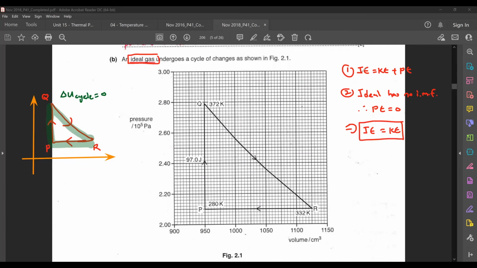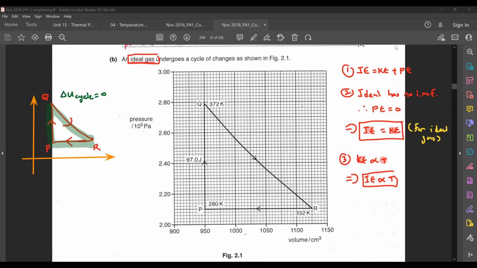This is for ideal gas. Okay, remember this one. And then there's also another thing that I mentioned to you. Kinetic energy is proportional to temperature. So this would imply internal energy is proportional to temperature, because internal energy is equal to KE, but now KE is proportional to temperature. This in turn means that internal energy is proportional to temperature. Okay. So this is one thing you know.